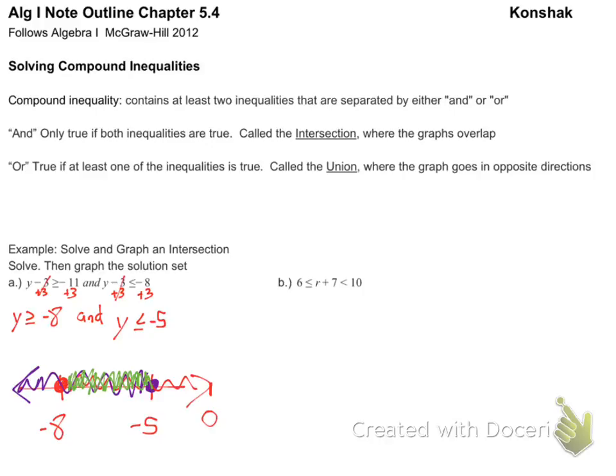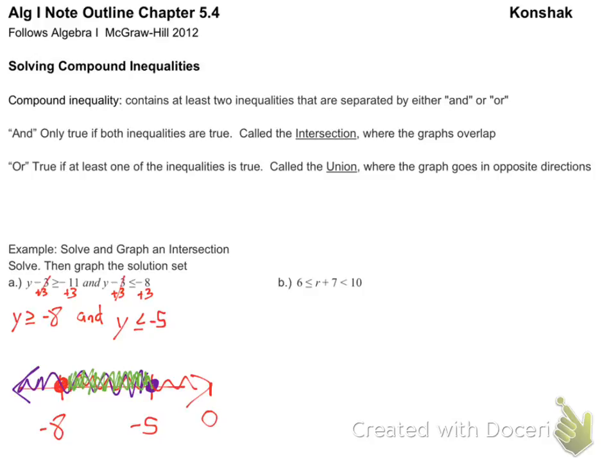Is -8 included in the solution? Is it covered by both? Yes, it's included in the red line, but the purple line goes through it as well, so therefore it's included. What about -5? Yes. So technically, guys, -8 to -5 is where all of your solutions are, including the endpoints.